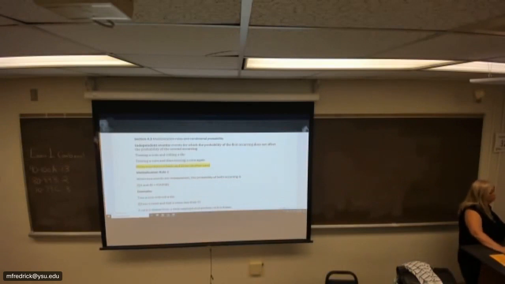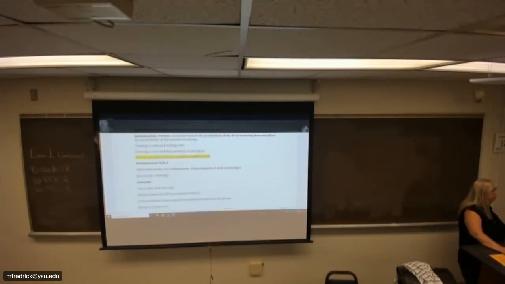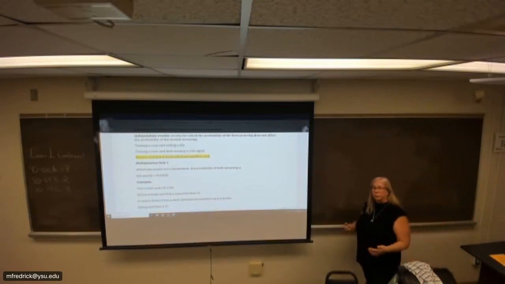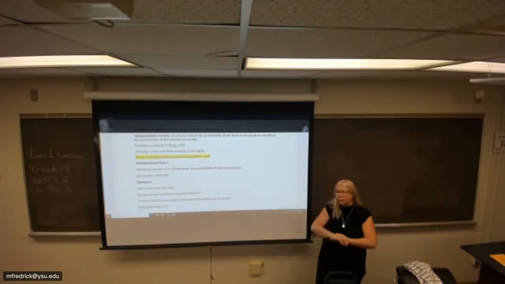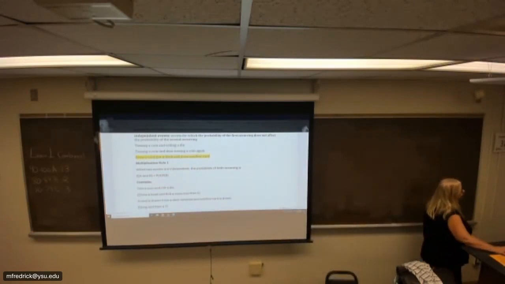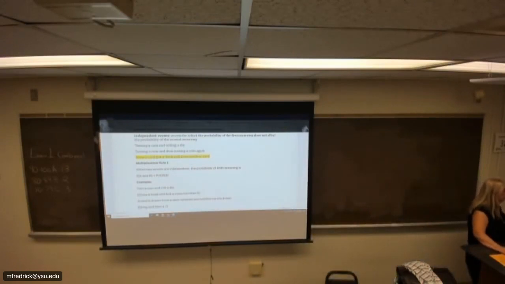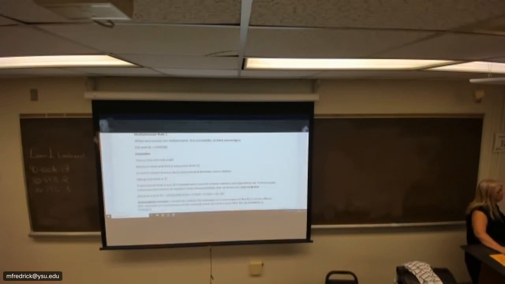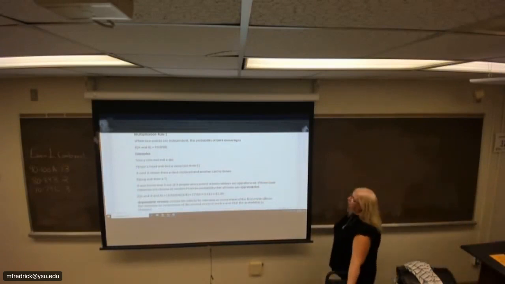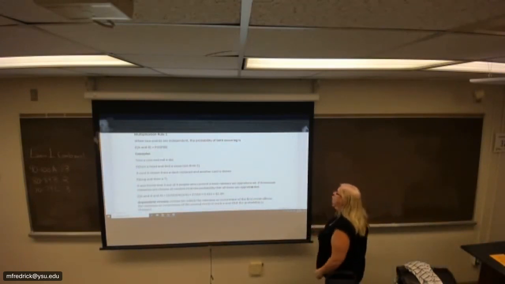When two events are independent, the probability of both of them occurring, probability A and B, you can just take the probability of each of them and multiply them together, as long as they are not changing each other's probability. So toss a coin and roll a die. We said they were independent.